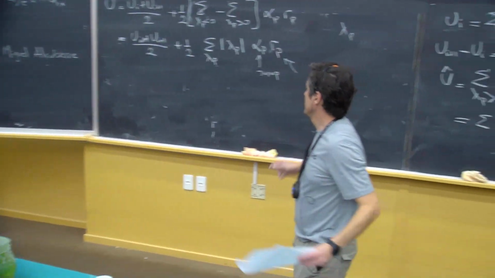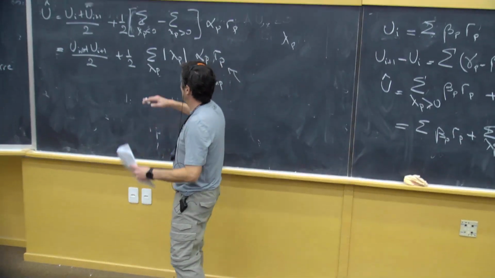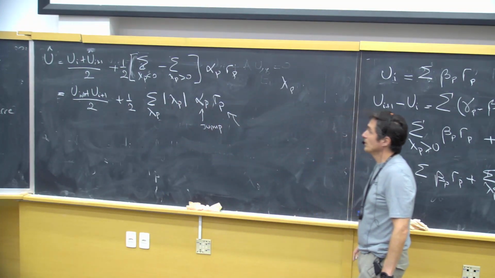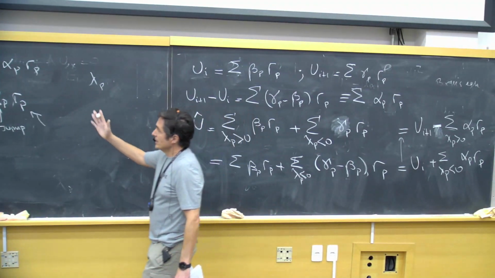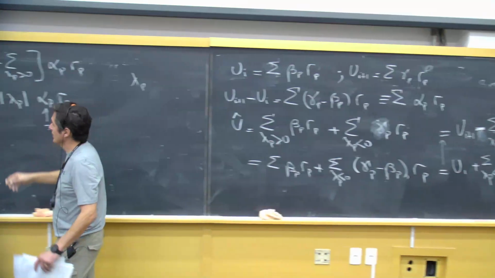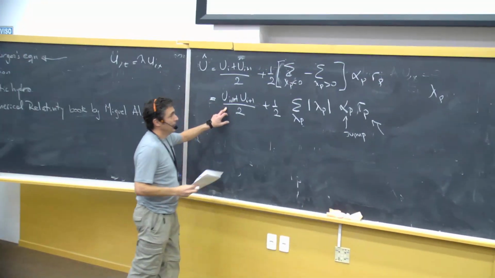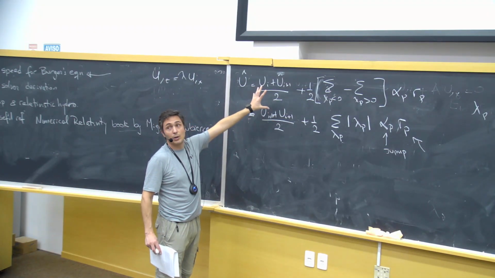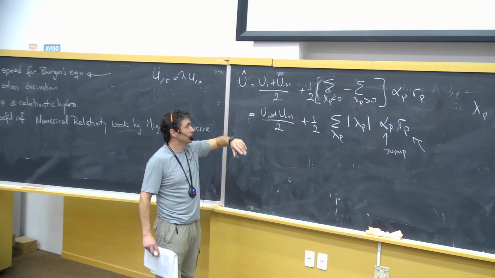And these were the details that I was leaving aside yesterday when I just gave you the recipe for the Roe solver. This now tells you what you should do at every single interface to solve the problem a la Roe, which is an approximation to first order.